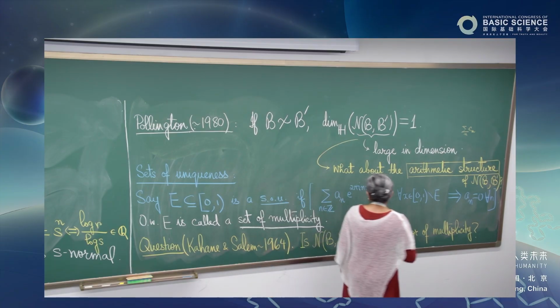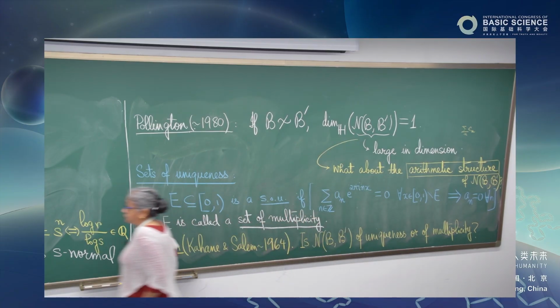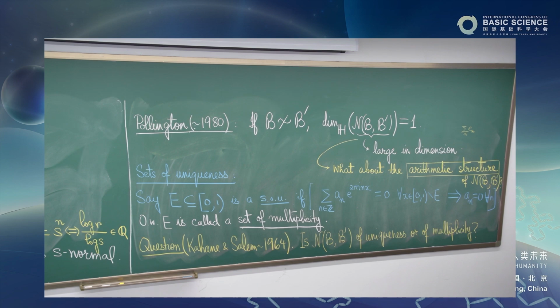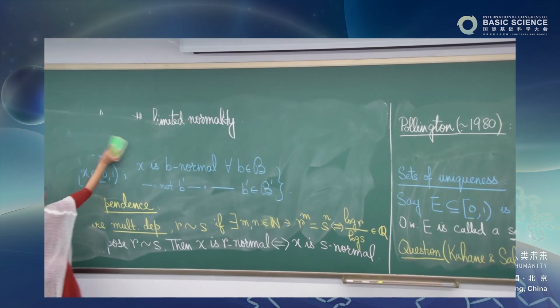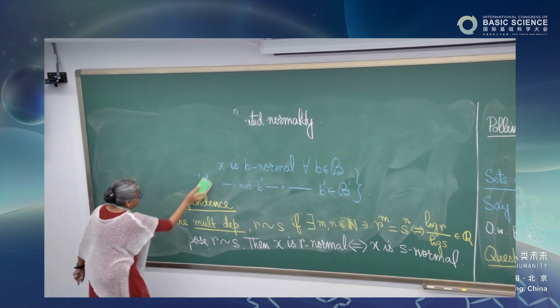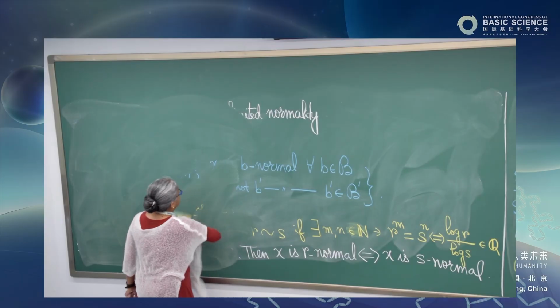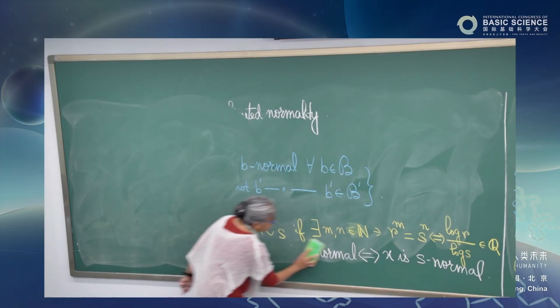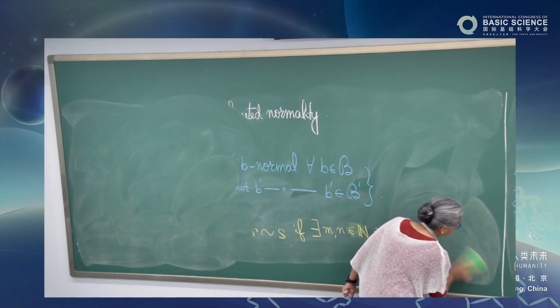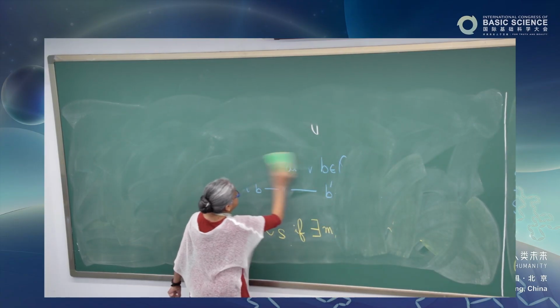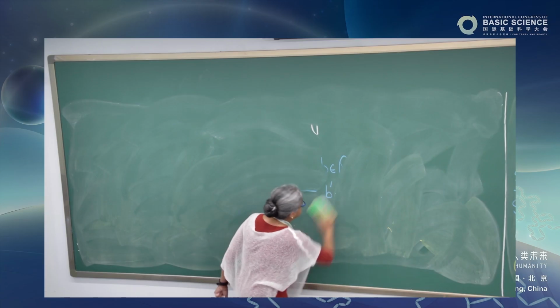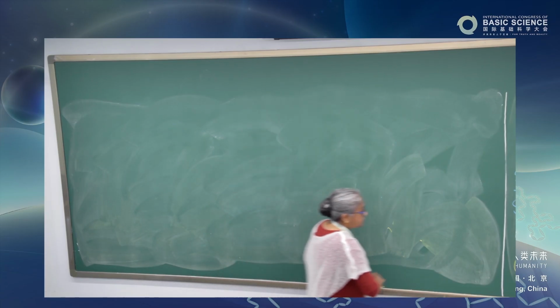So I'm going to restate their question in the form that they stated it. This is where the connection between Fourier analysis and geometric measure theory becomes even more explicit. I'm going to call this Kahane and Salem's question 1.